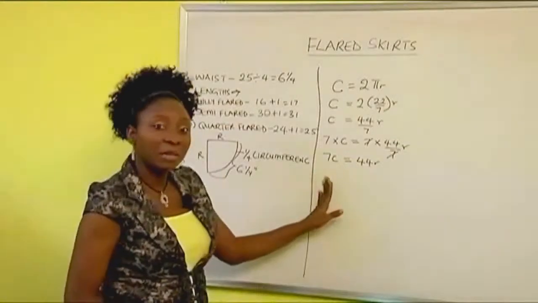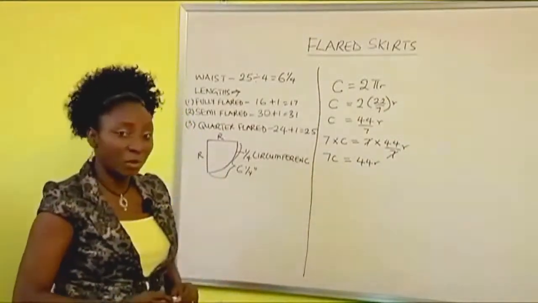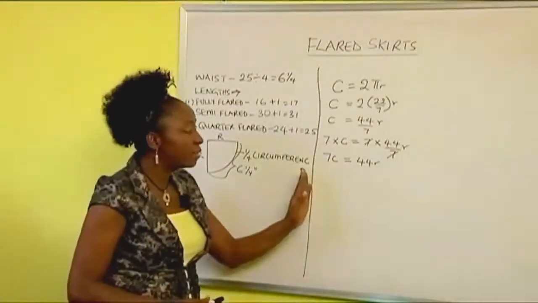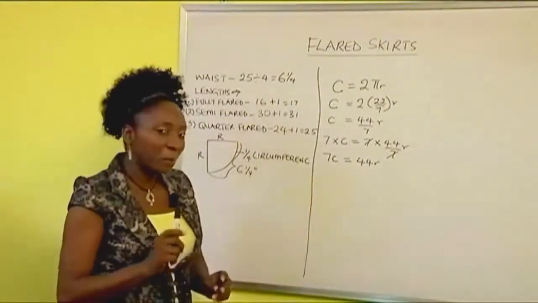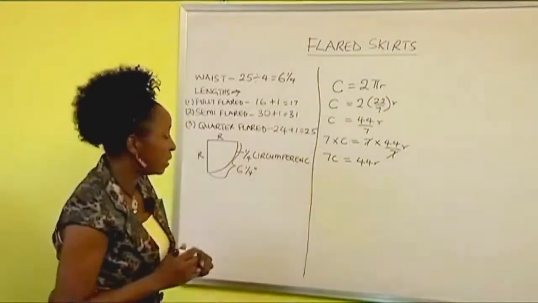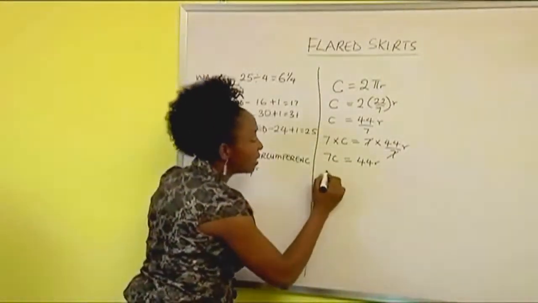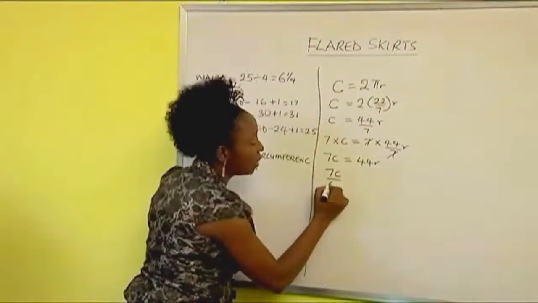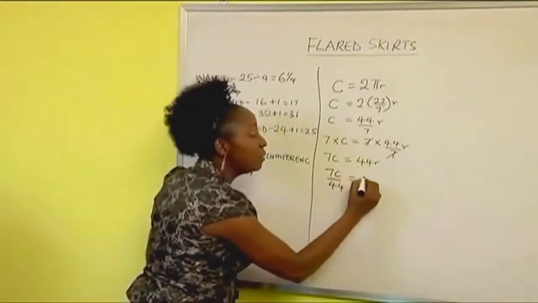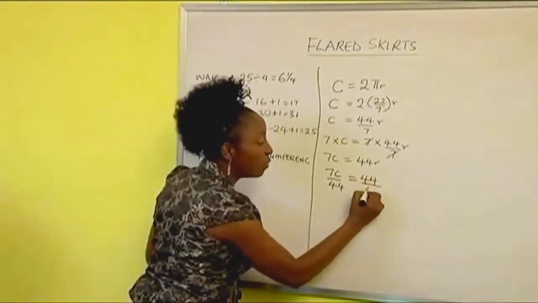So you can see that we're very close to making r the subject of the formula. So I want to take this and divide both sides by 44. Very clever. That's why mathematics is very good for life. So 7C divided by 44 would give me 44/44.